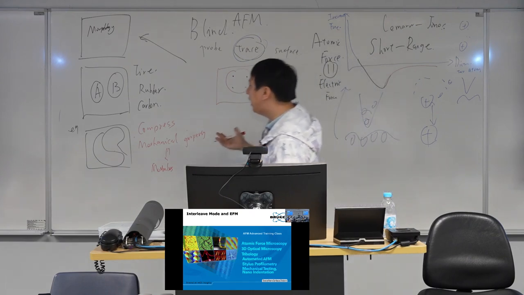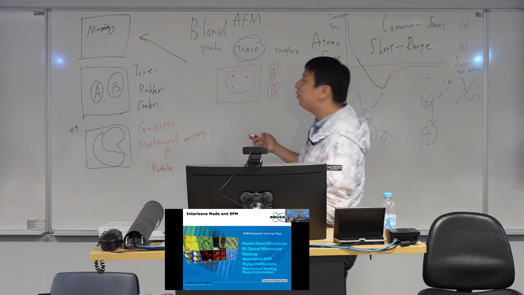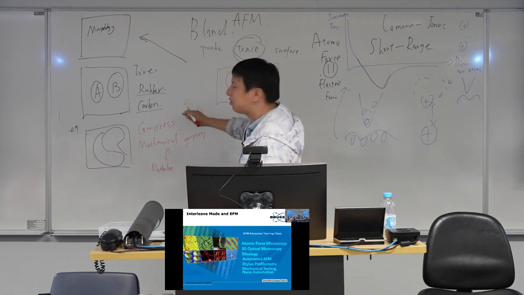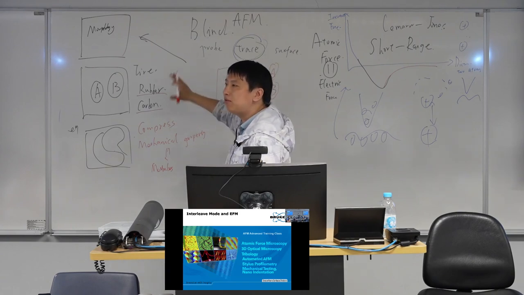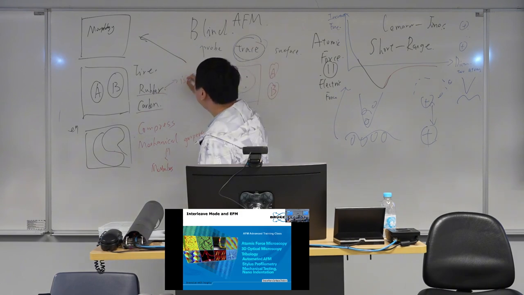We don't only have the mechanical properties, we have more property differences. For example, when we look at these two materials, of course this one is hard and this one is soft, but they have more differences. This rubber is isolated, right?